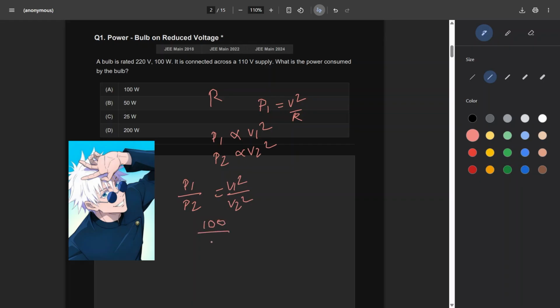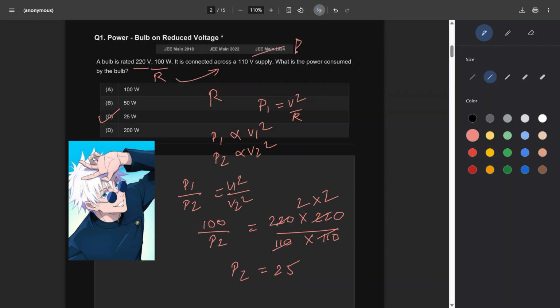So we have 100 upon P2 equal to 220 into 220 upon 110 into 110. So we have 4 here. So P2 will be 25. Simple enough. ऐसा नहीं करना है कि हमें इन दोनों से R निकालना है, फिर R को इस पर डालना है, फिर हमें P निकालना है, ऐसा नहीं है. Simply do it like this.